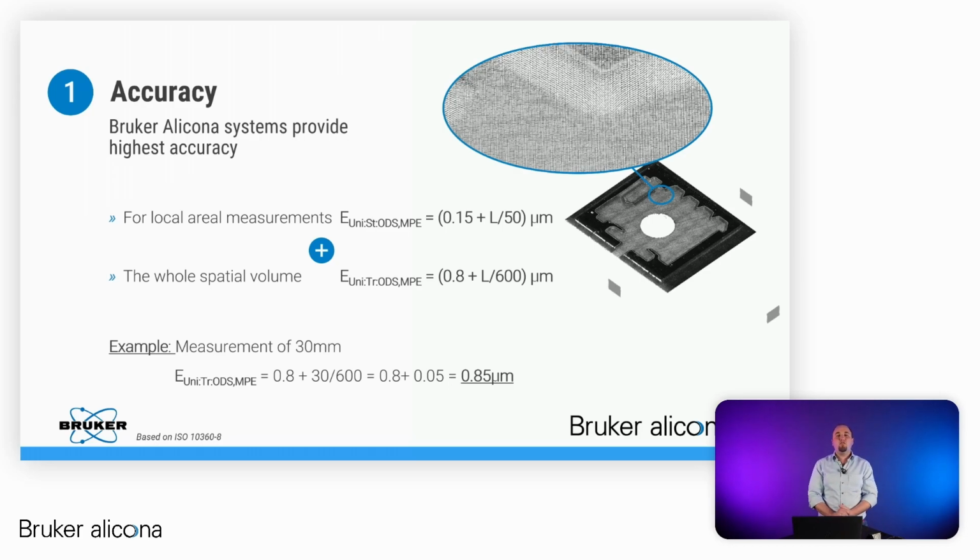Over the whole spatial volume of the micro CMM, which is 310 by 310 by 310 millimeters in a cube, it is an E-uni translatory MPE of 0.8 plus L divided by 600. As an example, for a length measurement of 30 millimeters, we have a maximum error of 0.85 micrometer.